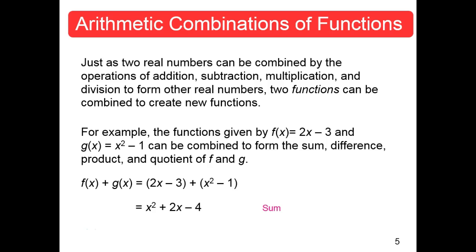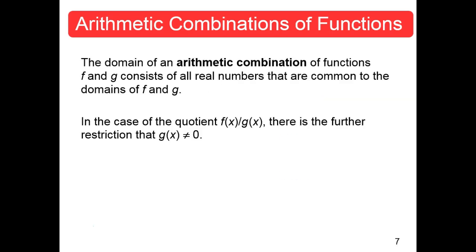This didn't show that, so this was just polynomials. So the domain of an arithmetic combination of functions f and g consists of all real numbers that are common to both of the domains. That's what I was just saying. You always start with all real numbers, unless there's some restriction. If you restrict this, then you have to stick with those common to both.